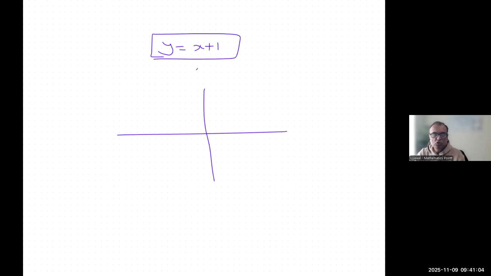That means I'm going to draw a rule on the Cartesian plane. This is a linear equation. Okay, now this is x, this is y.